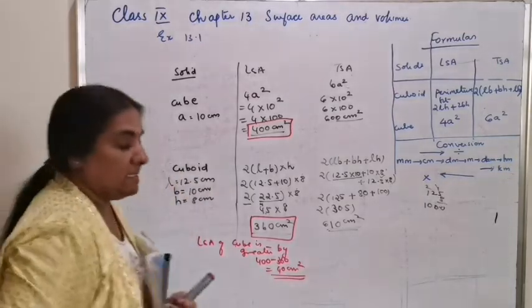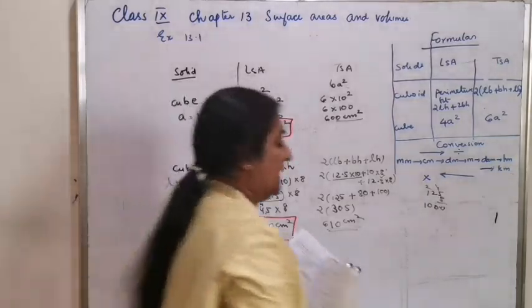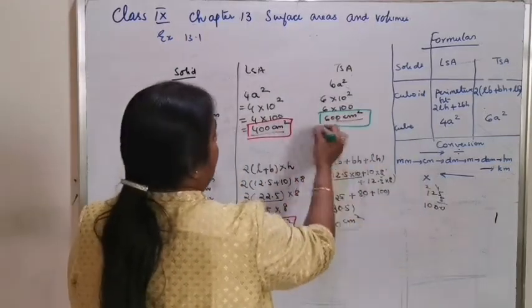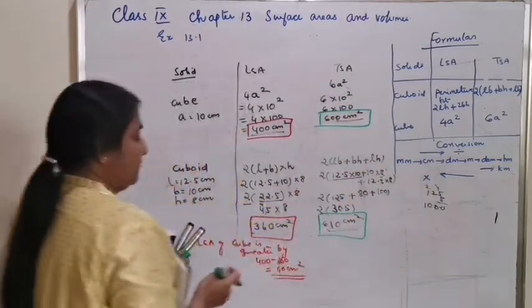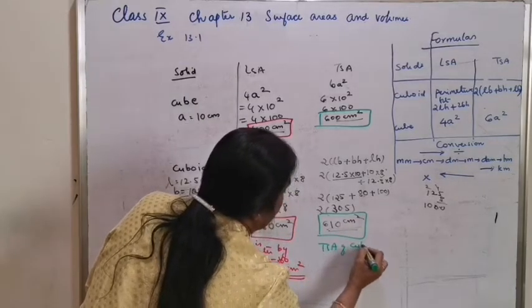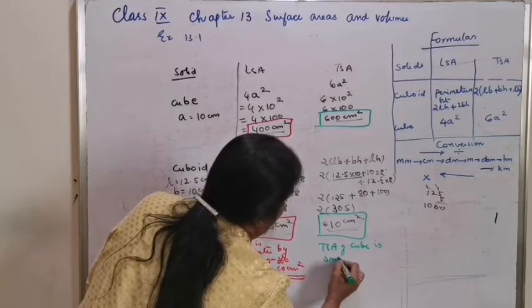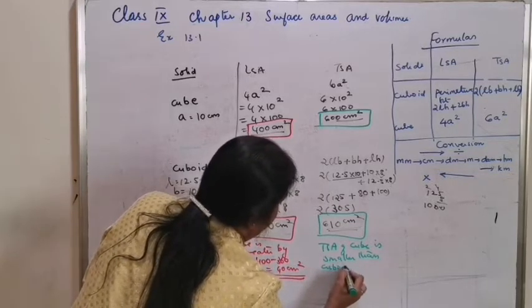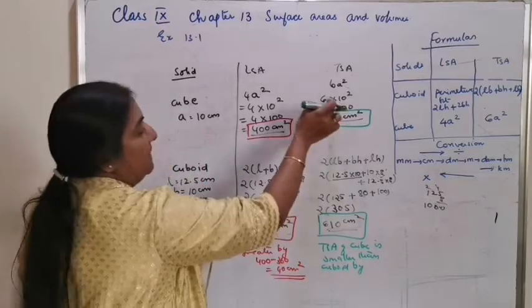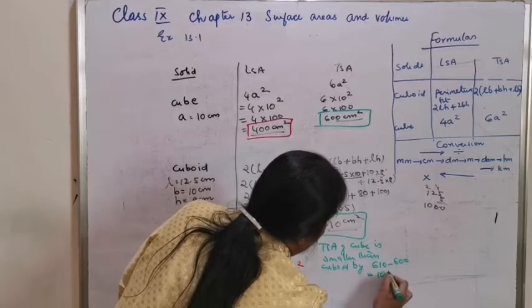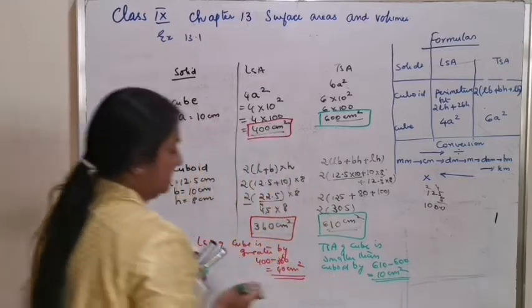And which has a smaller total surface area? TSA of cube is smaller than cuboid by 610 minus 600, which is equal to 10 centimeter square.